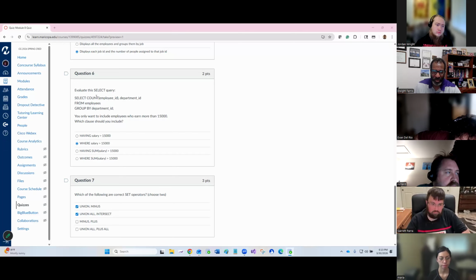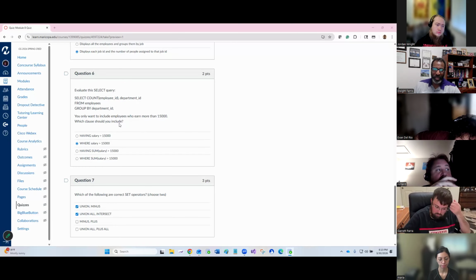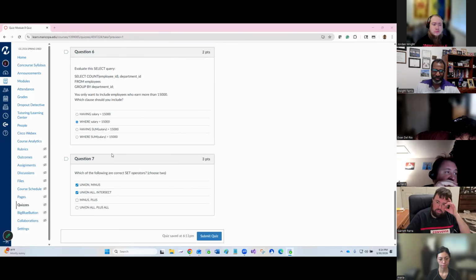You should know that that would be a simple where clause. So the where salary, because we're not using a group function. We're grouping by department ID, but we still can use the where clause there because there's not an aggregate function for salary like sum or average or anything like that. So the correct answer would be where.